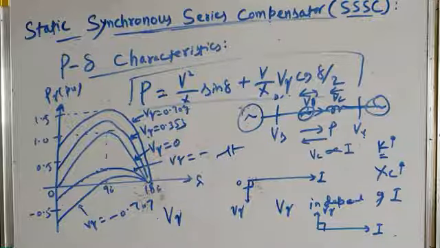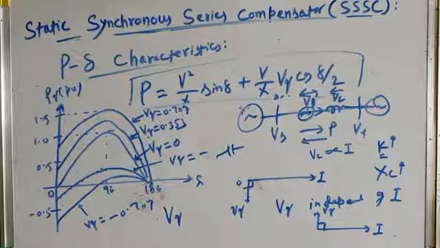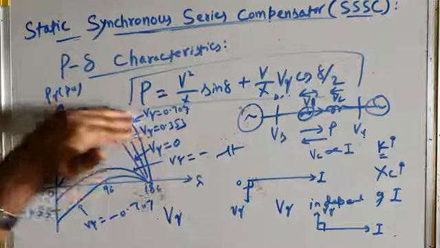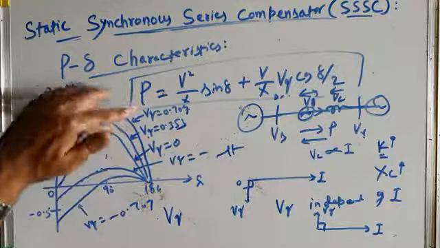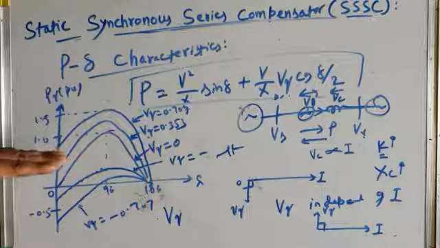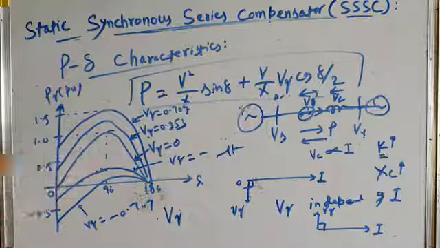The third difference is that in series capacitive compensation, as K is increased, the power increases as a fixed percentage of that of the uncompensated line, dependent on delta. Whereas in this case, when it is operating in the capacitive region, as VQ increases, the power transmitted increases as a fixed fraction of uncompensated power, and it is independent of delta.